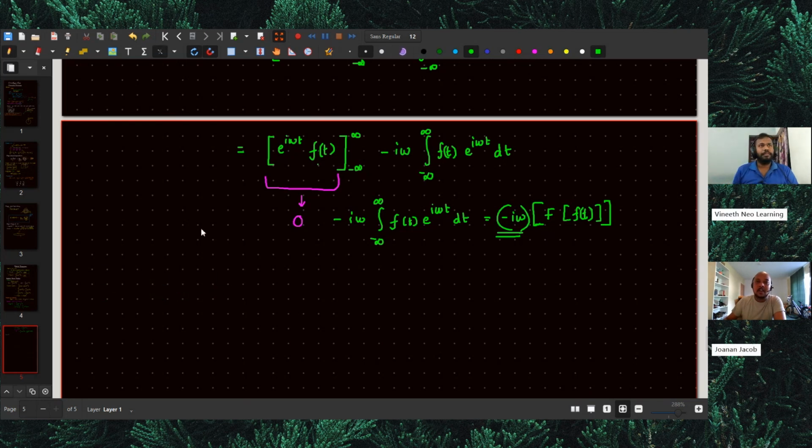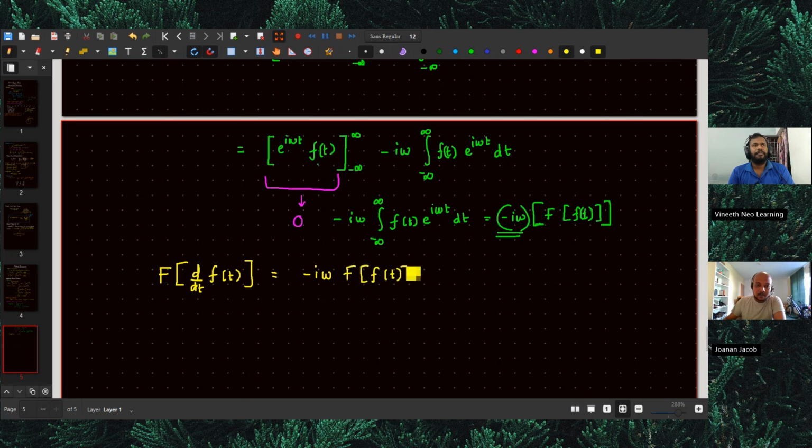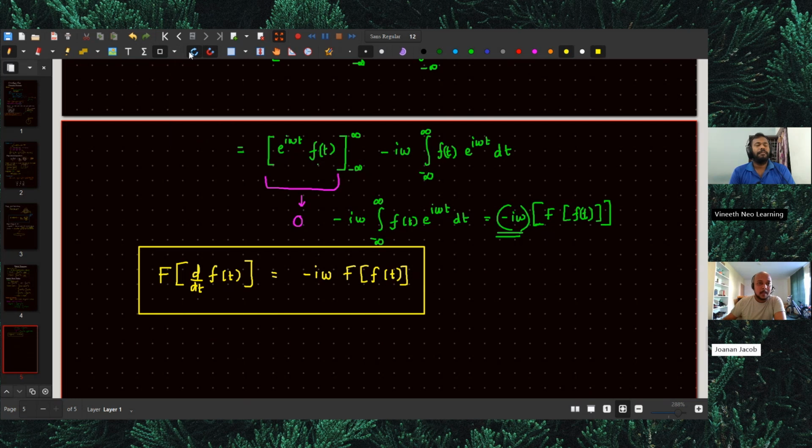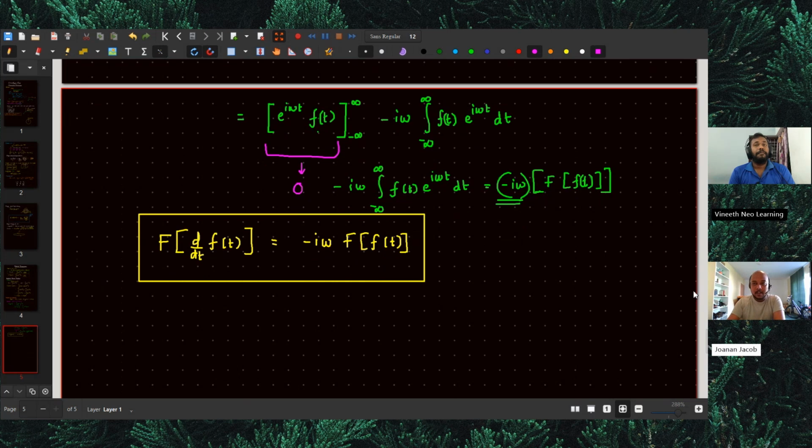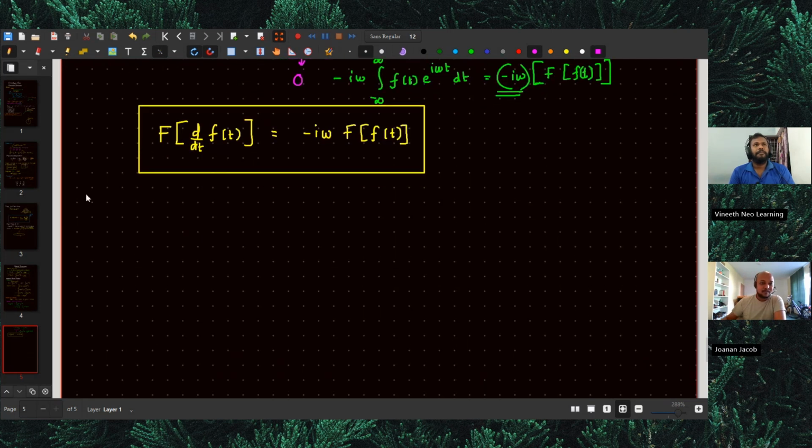So what we have found here is that the Fourier transform of d by dt of f of t is equal to negative i omega times the Fourier transform of f of t. This is our equation. Now let's move on and find the next important point.